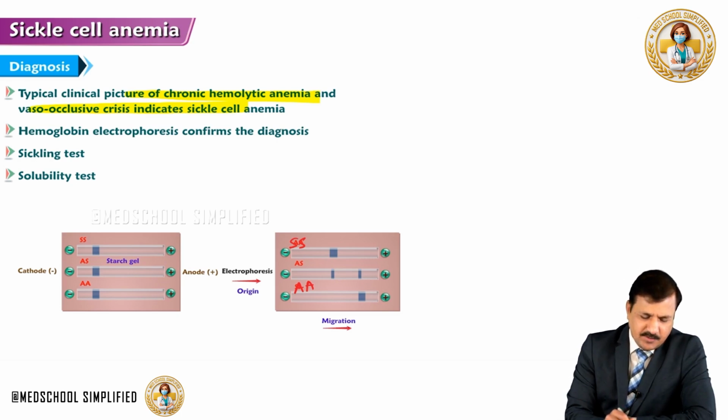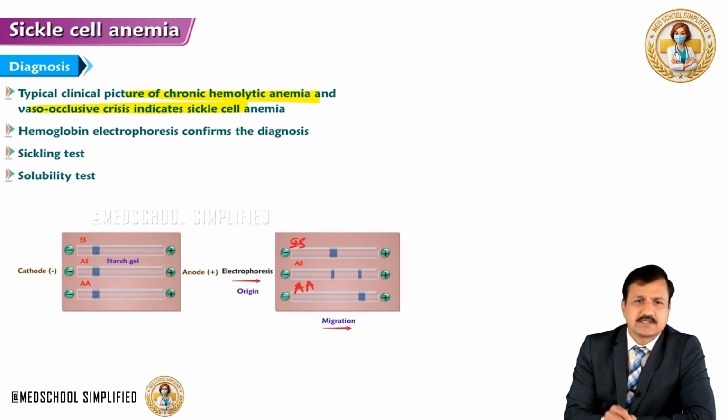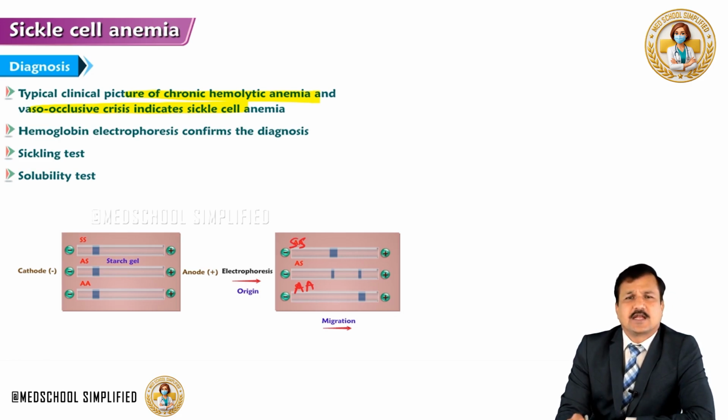Hemoglobin AA indicates normal hemoglobin, hemoglobin AS indicates a sickle cell trait, and hemoglobin SS indicates sickle cell anemia, where both beta-globin chains are mutated. Now, when the electricity is applied, the bands will move from cathode to anode.